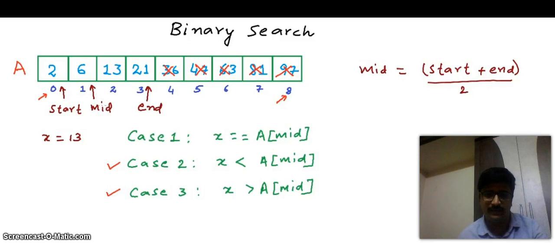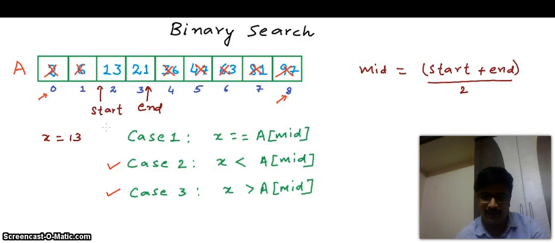Is x less than the middle element? No. x is greater than the middle element. So this time we discard the middle element and all the elements towards its left. And this time we shift start to make our new search space starting at index 2 and ending at index 3.